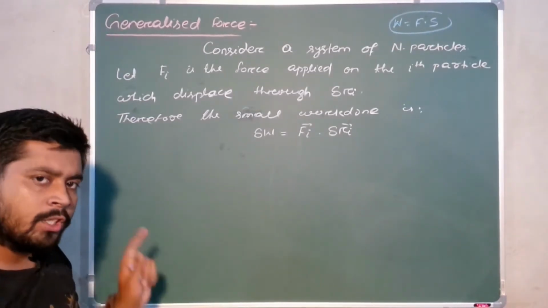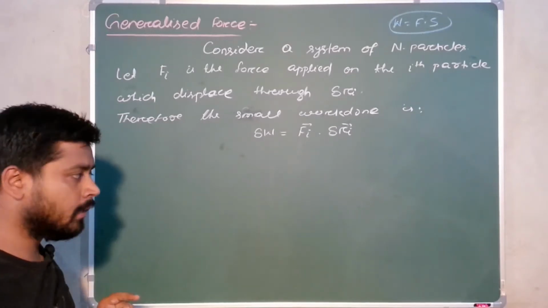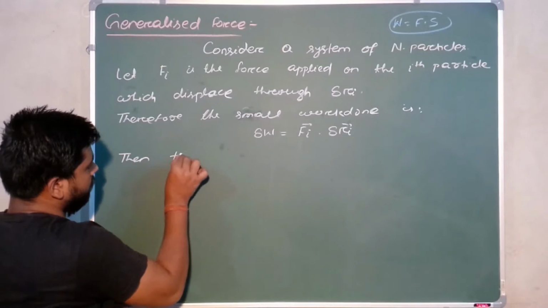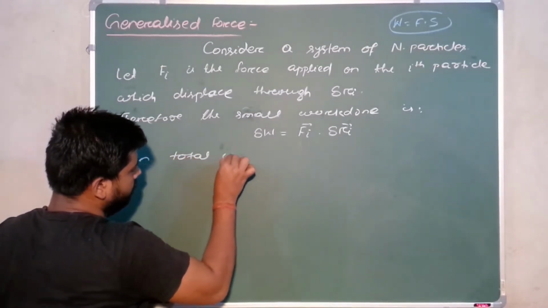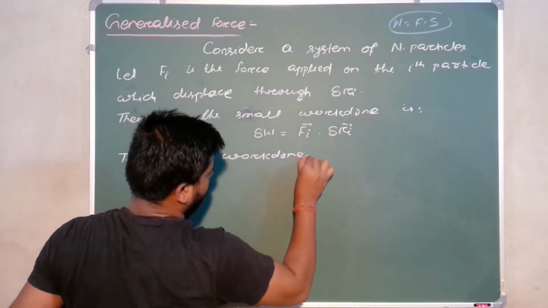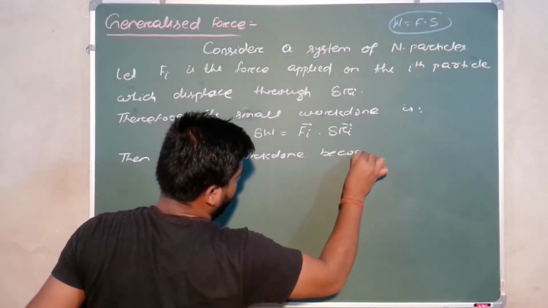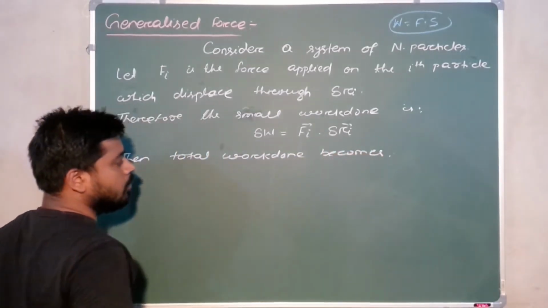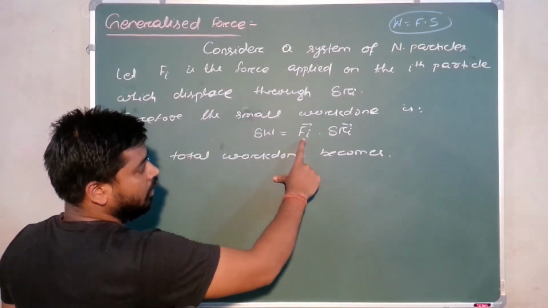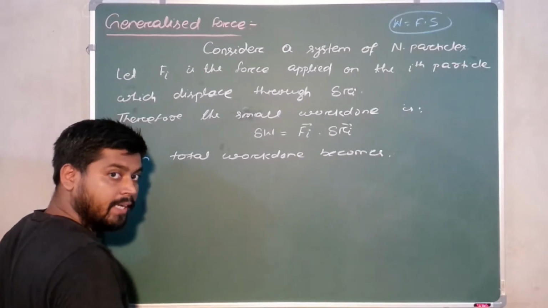If we take the whole system, then we have to take the total work done. Then the total work done becomes, total work done means we have to add all the force into displacement of the particle. Yes or no?